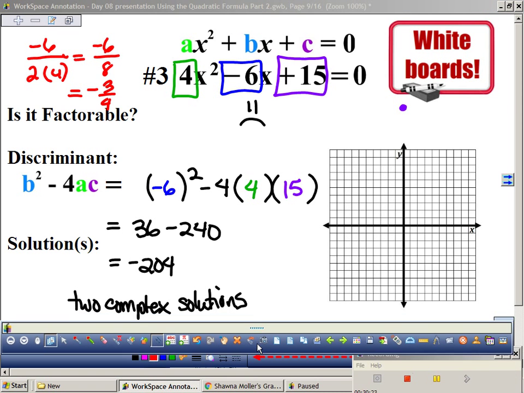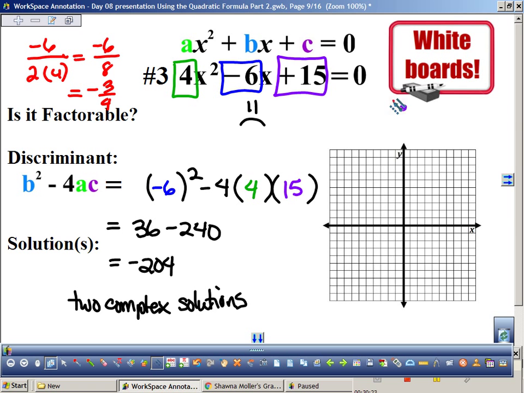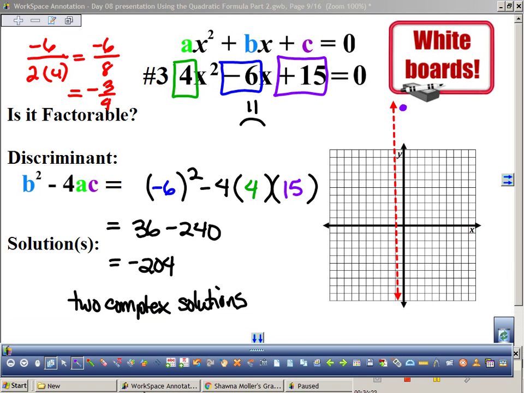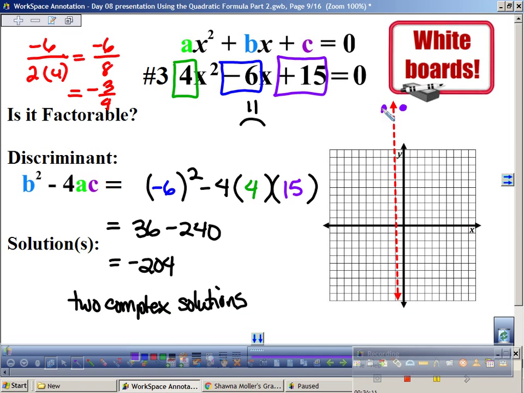It's the same as last one, right? This is a pretty easy graph to do because if it's that close, it must look something like that, right? It's way up there. It's not going to come down and cross that x-axis.